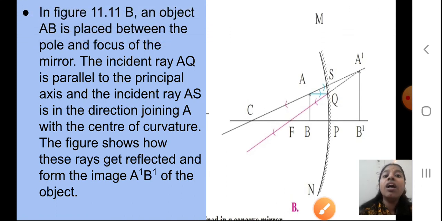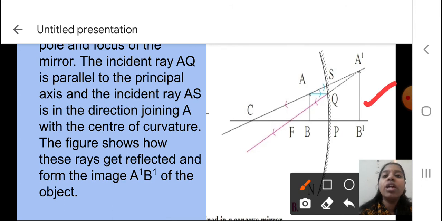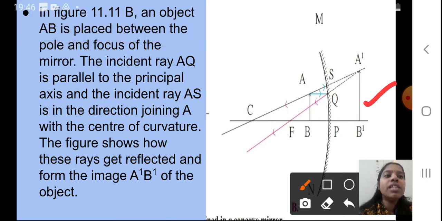It is inside the mirror, and it is bigger, and in the same way as AB it will be A dash, B dash. It is not inverted, it is the same as the object in position. A is giving the image A dash and B is giving the image B dash. It is not inverted.